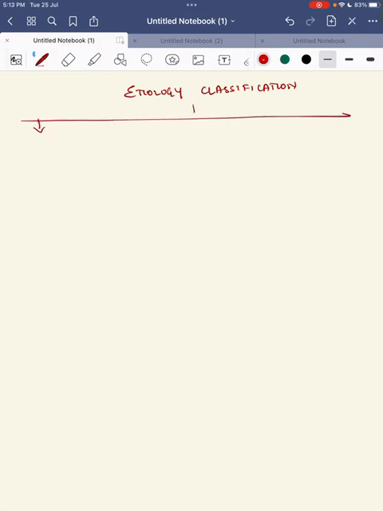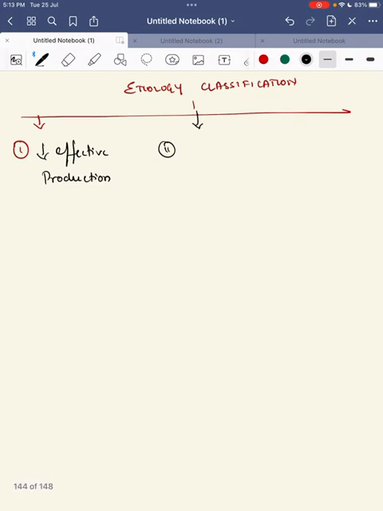First is decreased effective production. Second, when the destruction is increased, or there is an increase in the destruction of your RBCs. Third category will be blood loss.